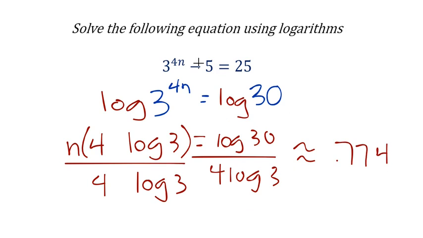So again, if you want to check yourself, you can plug that in for n. And we would say, okay, well, 3 raised to the power 4 times this, roughly 0.774, and that would be roughly 3-ish, minus 5 equals 25. And if you were to evaluate this, because I rounded, it's going to be a little bit off, but it should be right around 30.